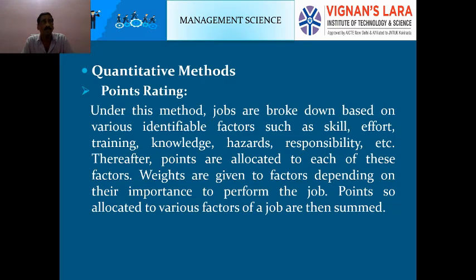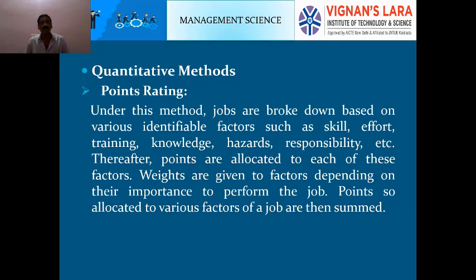Under this method, we study the job according to the parameters set by the HR manager. Immediately, we allot some points out of a fixed total. Say that 100 points are taken into consideration regarding allotment for certain elements satisfied by the output.